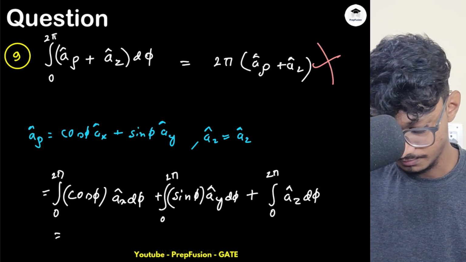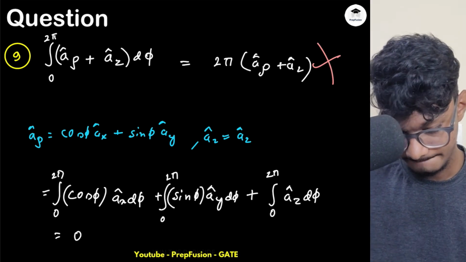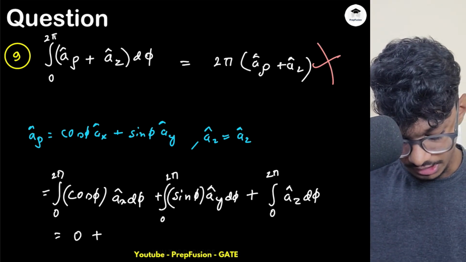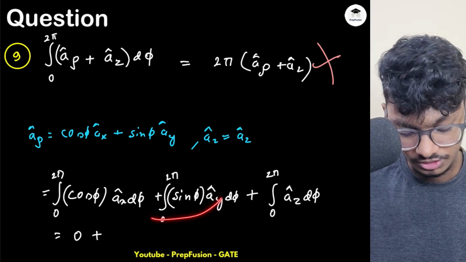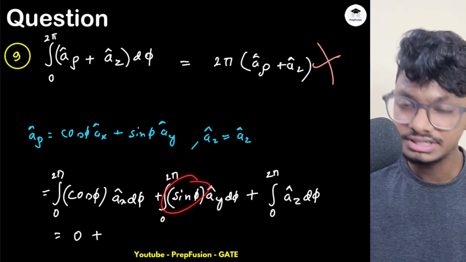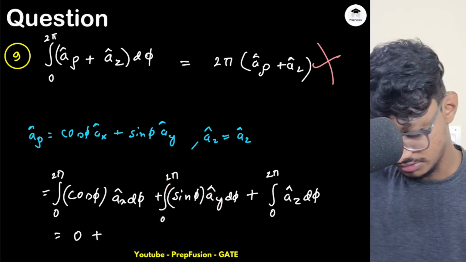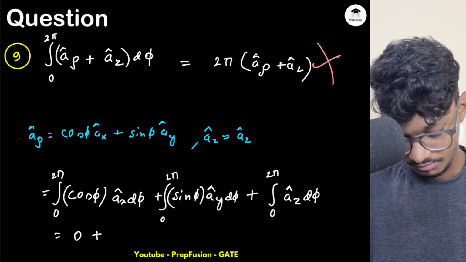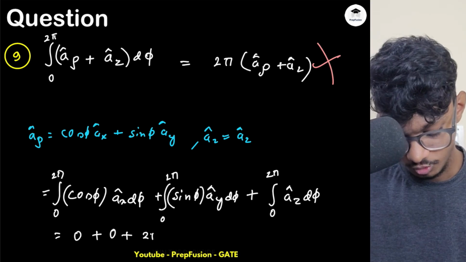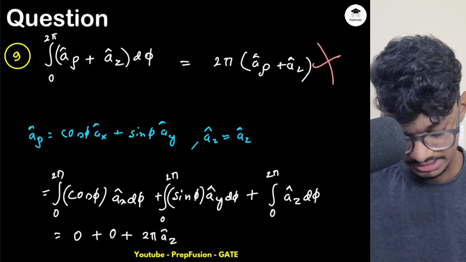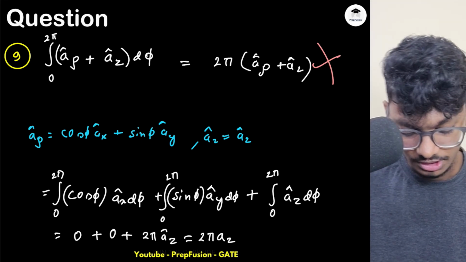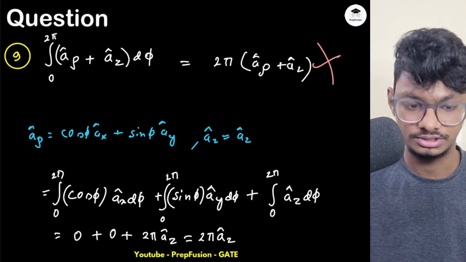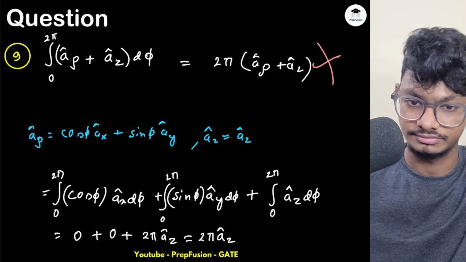Like a_y cap is also independent of phi, so this can also come out. What is the integration from 0 to 2 pi of sin phi? 0, plus 2 pi into a_z cap. So this integration answer will be 2 pi a_z cap. This is a very good question, and you should try to solve all these types of questions.